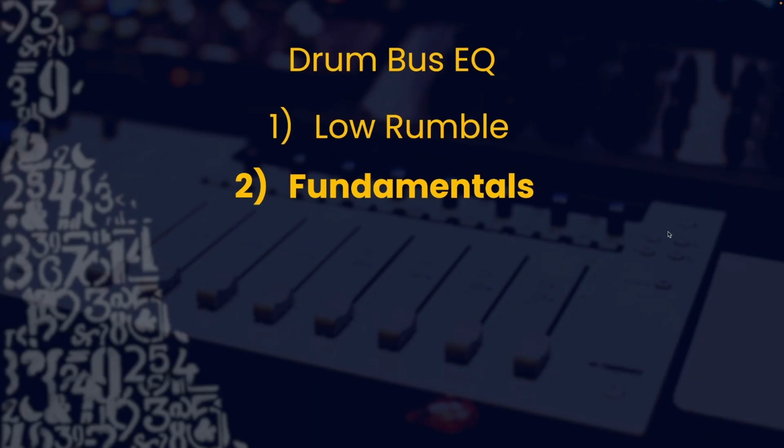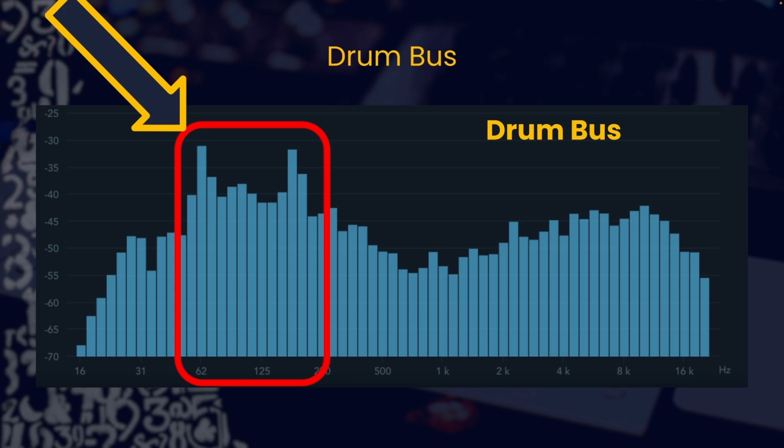All right, so now we're going to deal with the fundamentals. Oftentimes we'll be boosting these fundamentals if we feel like they could be enhanced a little bit more with our drums. The two fundamentals that are the most key are the kick and the snare. As you can see in this image, you have the kick right below 60 hertz, and then the snare right at 200 hertz. Those are the key points that we may consider boosting, or just boosting this whole area, because it's also going to allow us to boost some of the fundamentals of the toms as well.